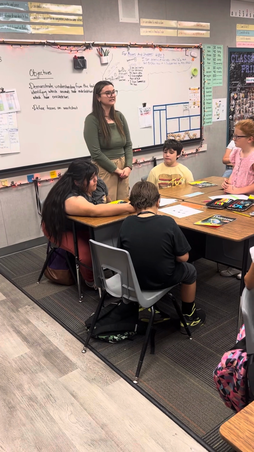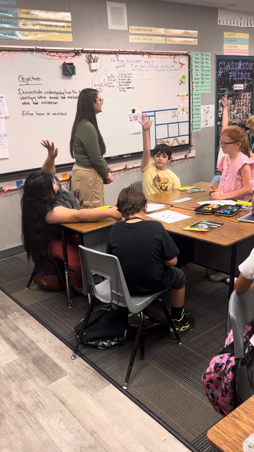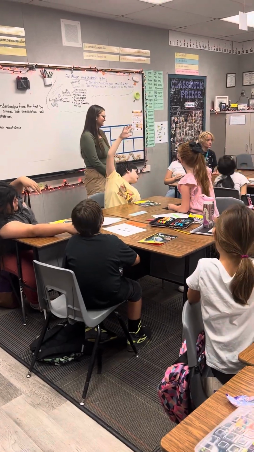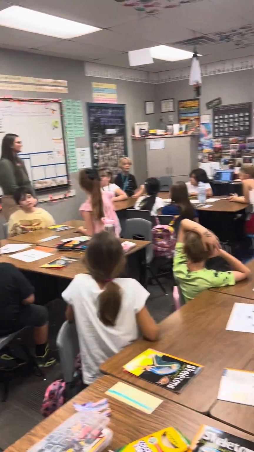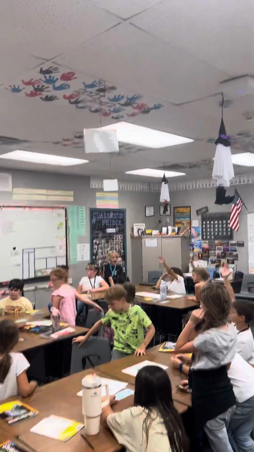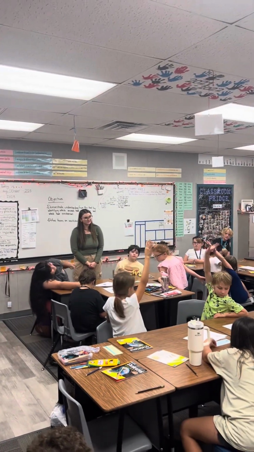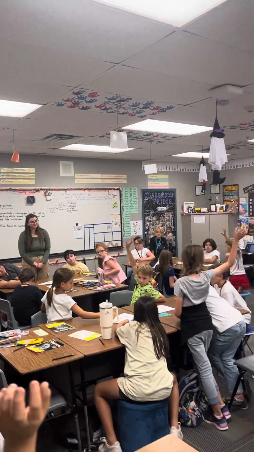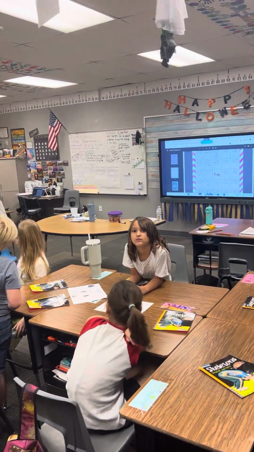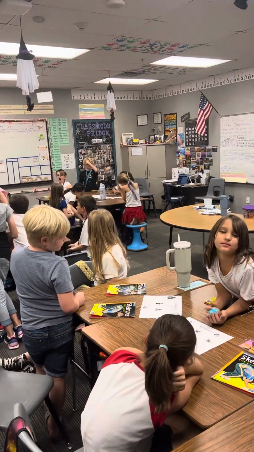Okay, what about the snail? Is the snail endo or exo? Natalie? Exo. How do you know it's exo? Good. Okay. What about the clam? Thomas? It is exo. It's hard on the outside and soft on the inside.